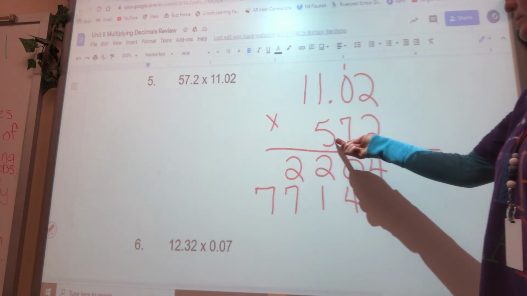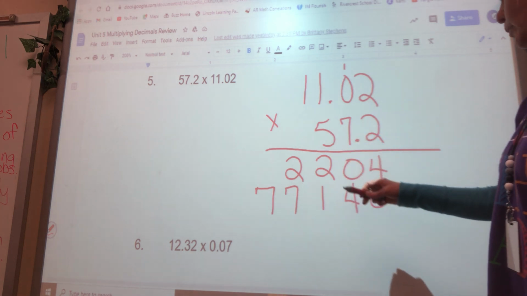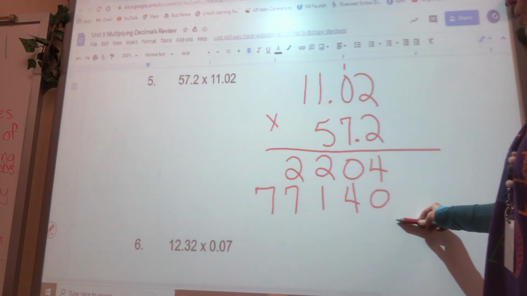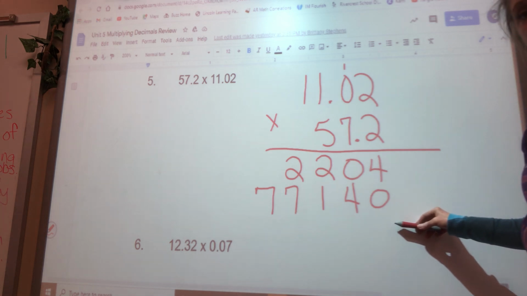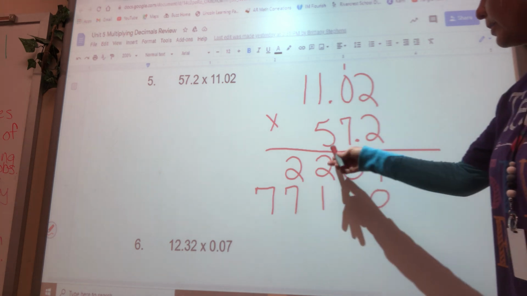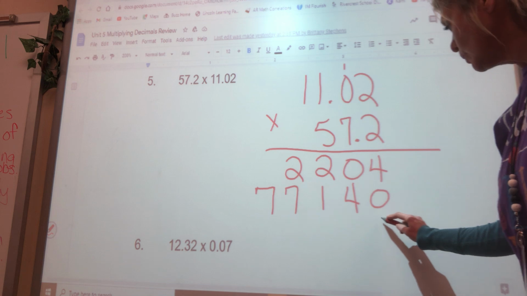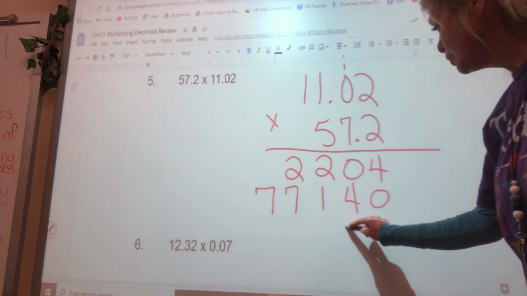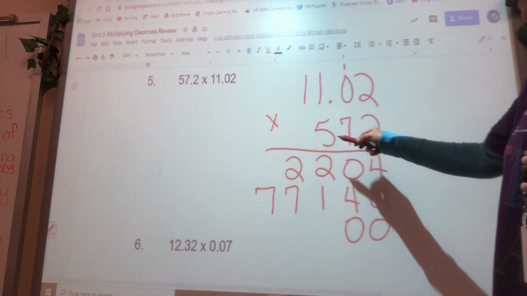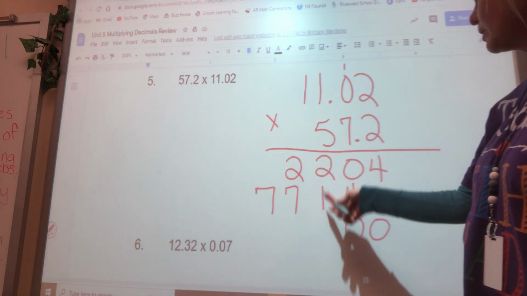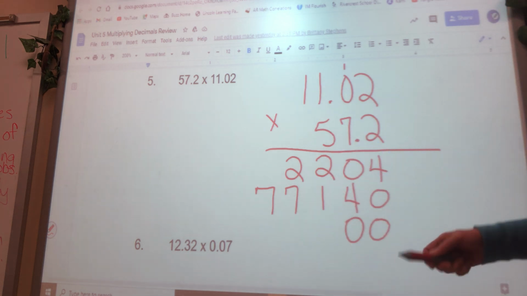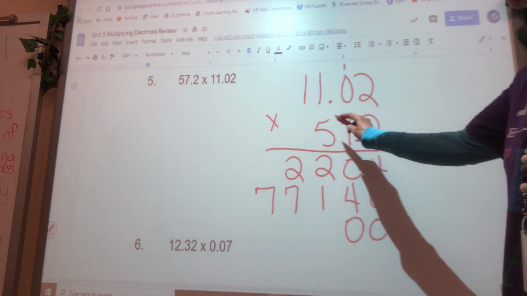When we have a third number, we're going to be working in the third row, and the actual math needs to start under the third number. So in this one, I would need 2 placeholder zeros so that my actual math will start under the third number. And then we multiply as usual.